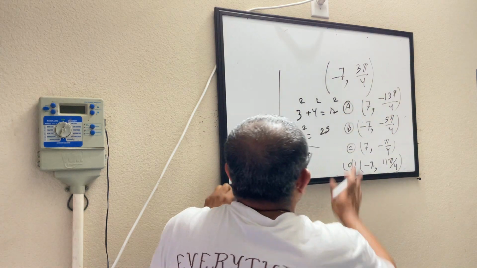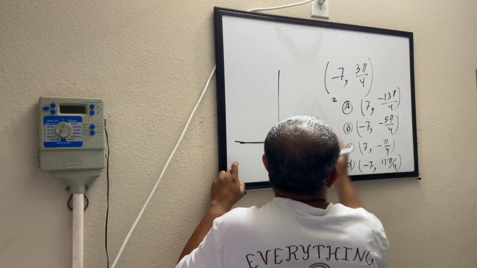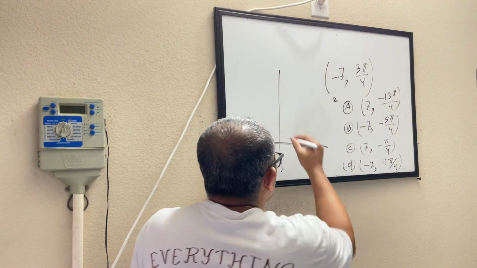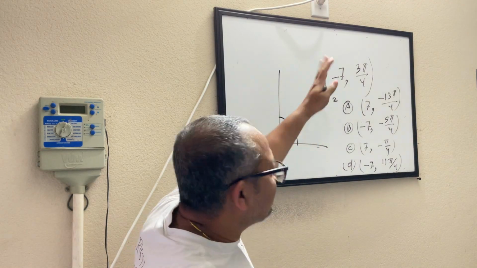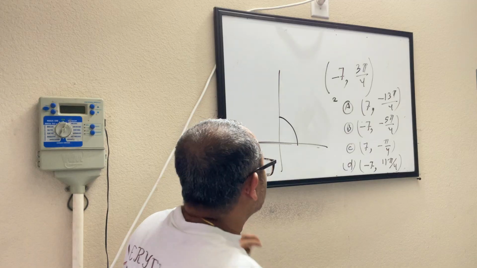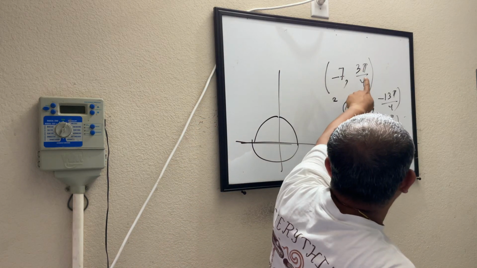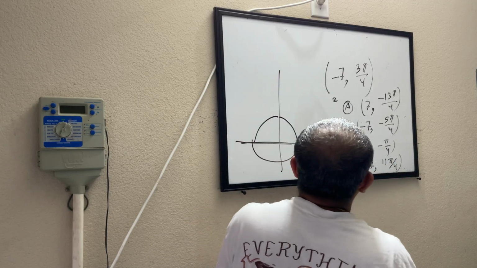Now look at this. If I am talking about angle of 3 pi over 4, this is pi over 2, this is pi, this is 2 pi. 3 pi over 4 is 3/4 of a pi.